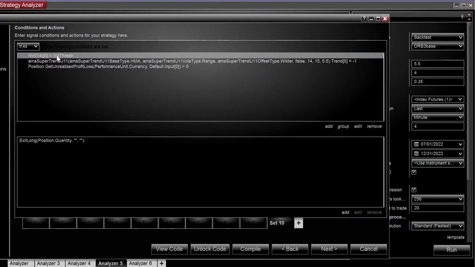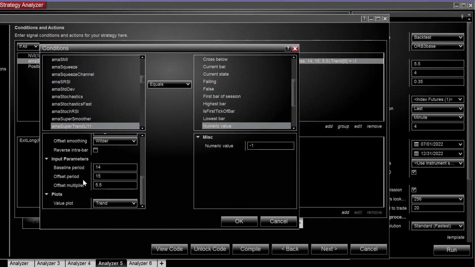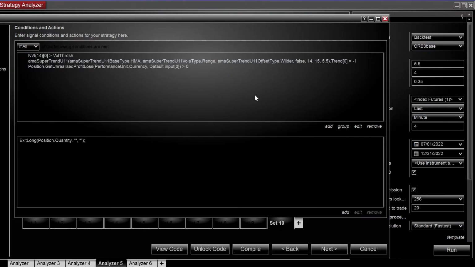So here in the volatility, if we're currently long, the volatility is greater than 0.35, then we'll exit when the 5.5 ATR multiple equals -1.